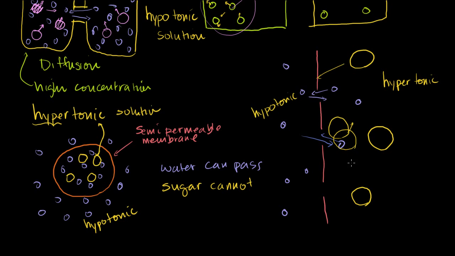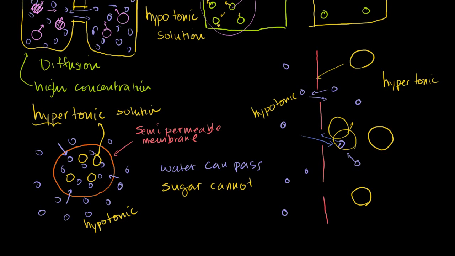So if a water molecule was approaching, it's all probabilistic, and we're dealing with gazillions of molecules. It's that much more likely to be blocked from getting outside. But for the water molecules from the outside, there's nothing blocking them from getting in. So you're going to have a flow of water inside. So in this situation, with a semi-permeable membrane, you're going to have a net inward flow of water.